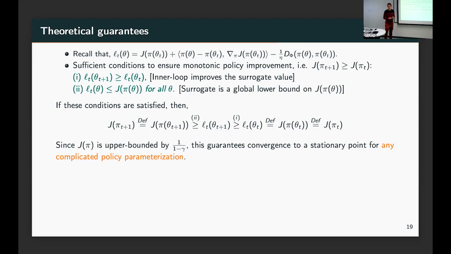Here, there is no result about the construction of this loss function, right? It has no, how do you construct it to be a tighter approximation? No, so, okay, that's a very good question. Any surrogate that satisfies these conditions is fine. And so this surrogate is basically the constant term to ensure that it's the same value at the current point, a linear term, and then you have that term.